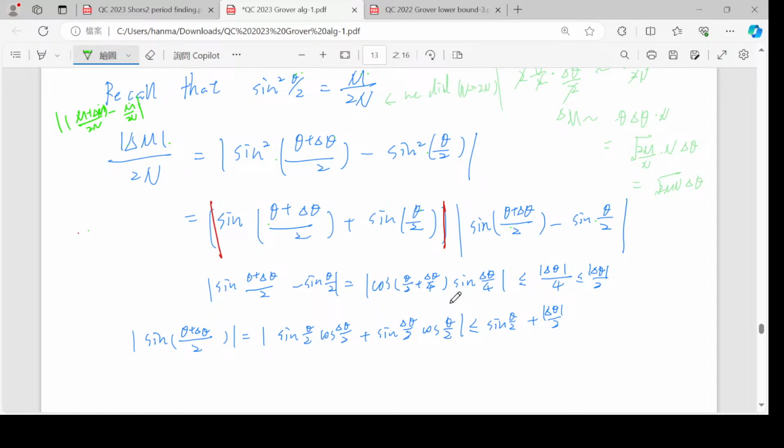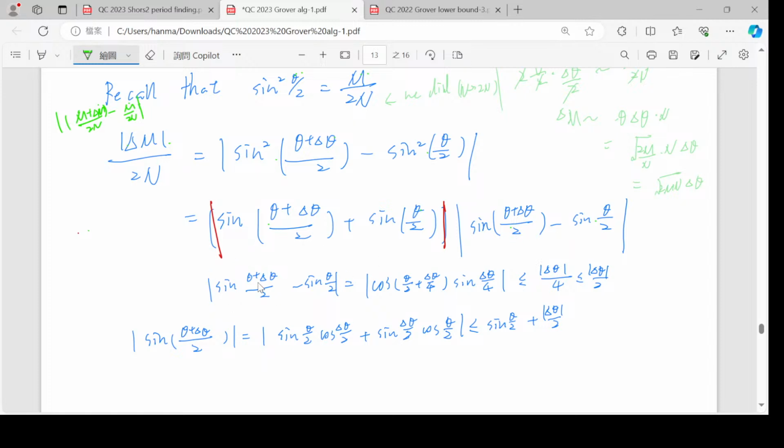For sin minus sin, we use this formula called product of difference, or the Chinese name I know better is 和差化积. Sin A minus sin B is equal to 2 cosine of (A plus B) over 2 times sin of (A minus B) over 2. This is one of the trigonometry formulas that you probably learned in high school.